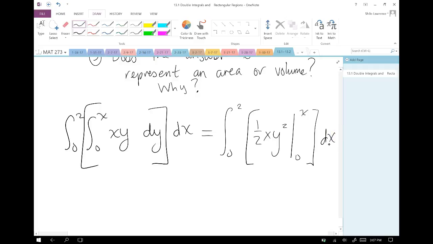Right now I'm just working inside my square brackets, plugging in for y because I just integrated with respect to y. I'm going to plug the top in first, and that's going to give me 1/2 times x squared, which is really 1/2 x cubed. If I plug in 0, the whole thing is 0. So my new integrand is 1/2 x cubed, and I need to integrate that from 0 to 2 with respect to x.